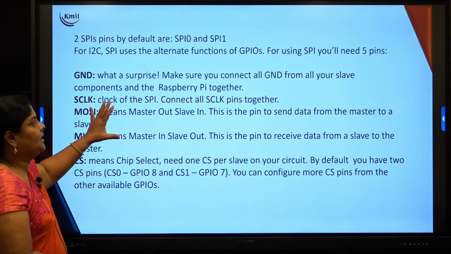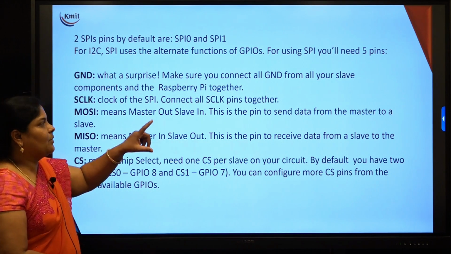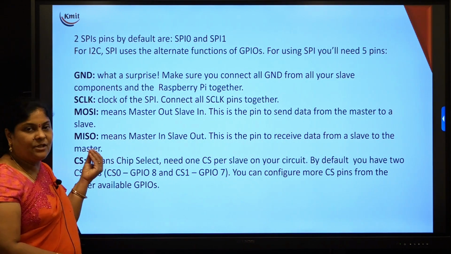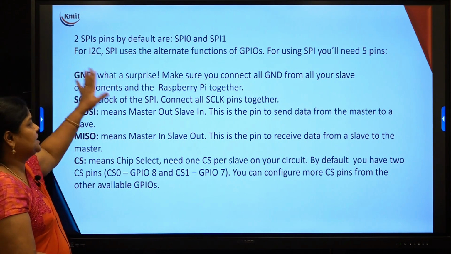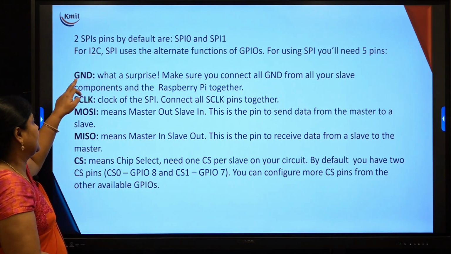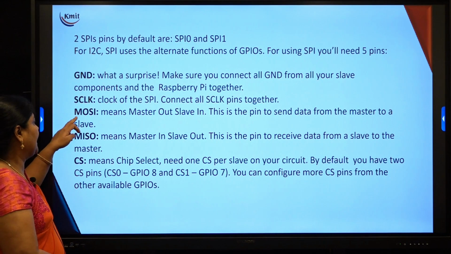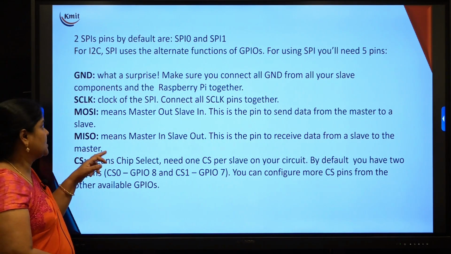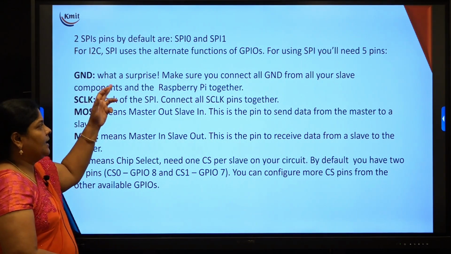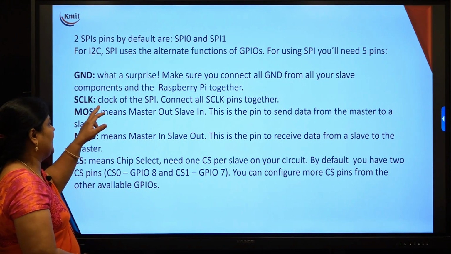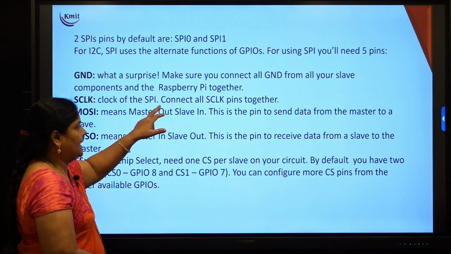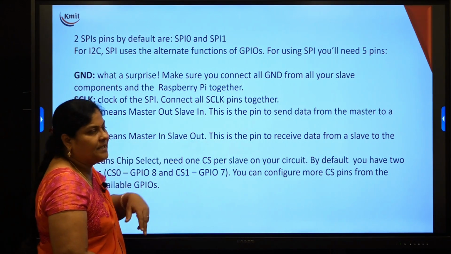For connecting through SPI you require 5 pins. Previously, for I2C or UART you required 3 pins, but for SPI you require 5 pins: ground, SCLK, MOSI, MISO. Ground is connected to the ground of the circuit. SCLK is the clock of SPI; connect all SCLK pins together.